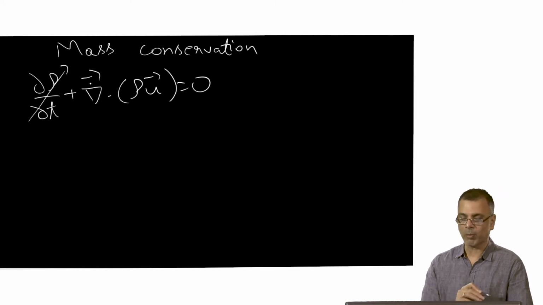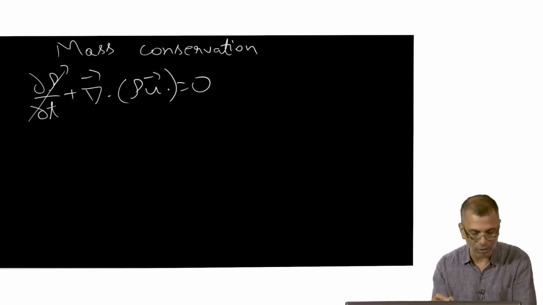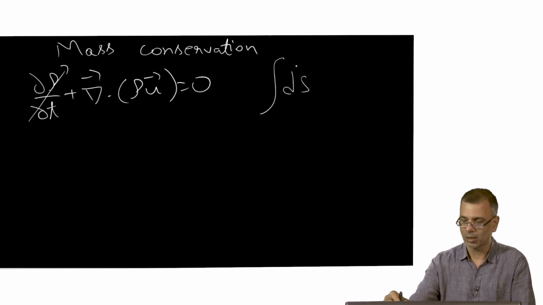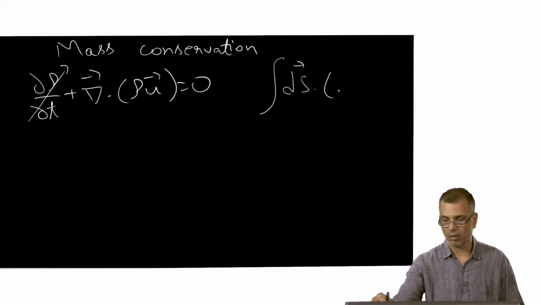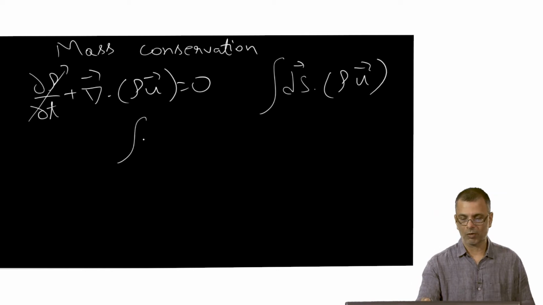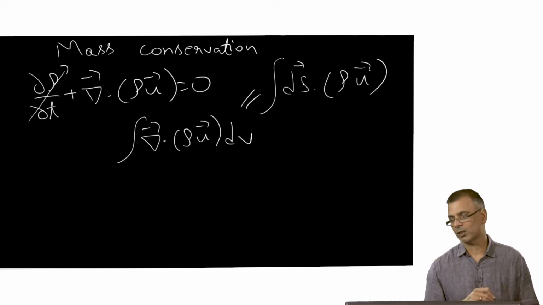Applying the divergence theorem, the volume integral of the divergence of rho u becomes a surface integral, equal to zero.